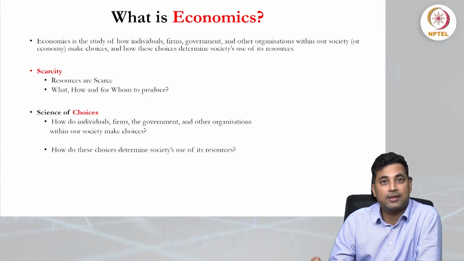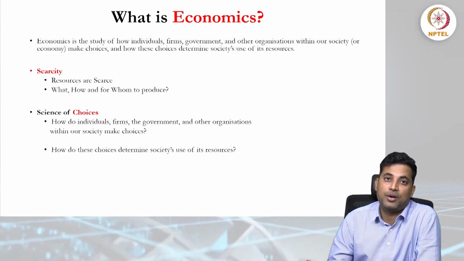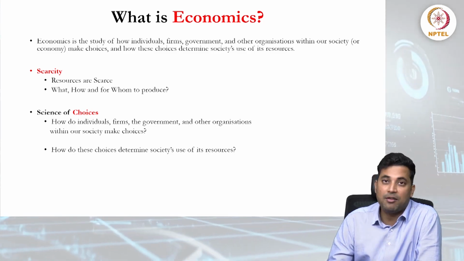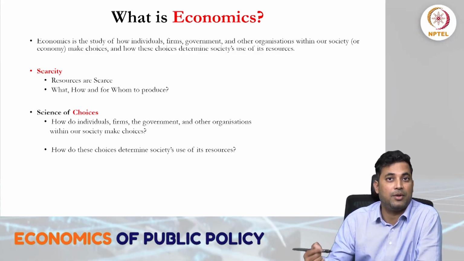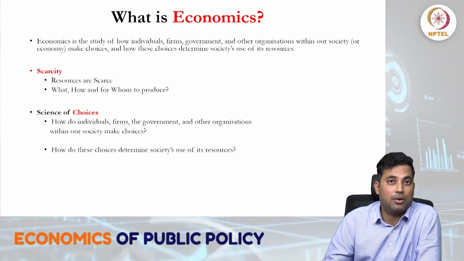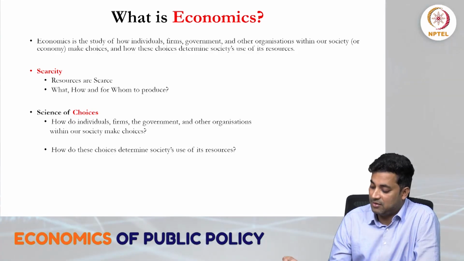For the student, the decision has to be whether to study more, or go for a movie, for instance, or play video games. The government has to decide how resources are to be allocated between social infrastructure or physical infrastructure.